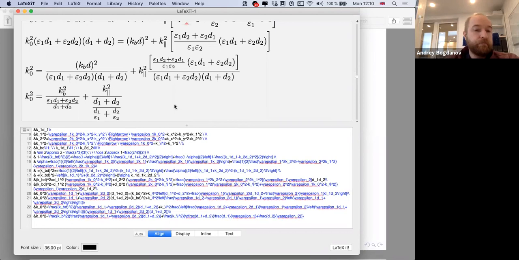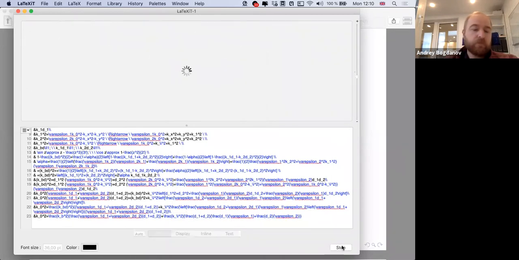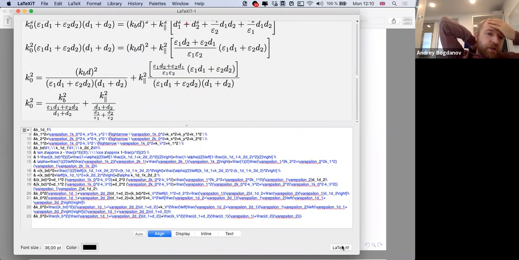Please have a look. So where d1 and d2 is just a period, yeah? d1 and d2 just the thickness of layers.